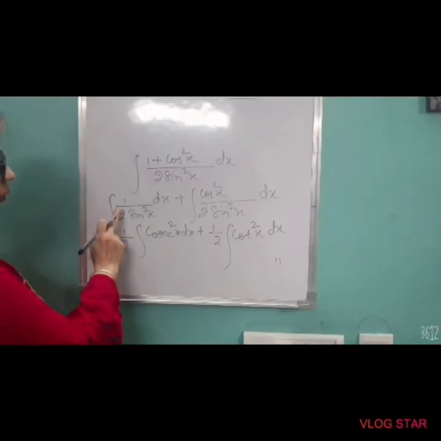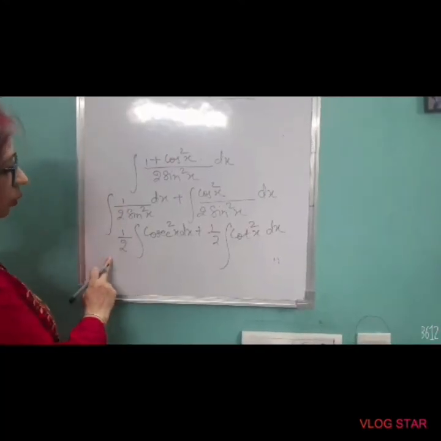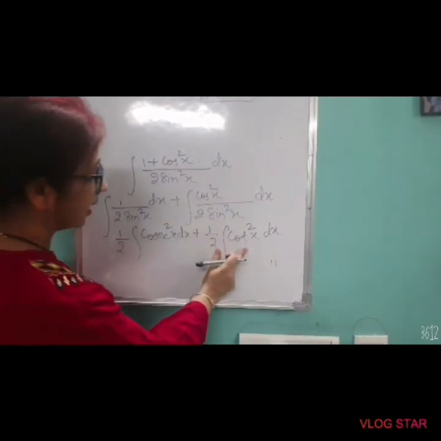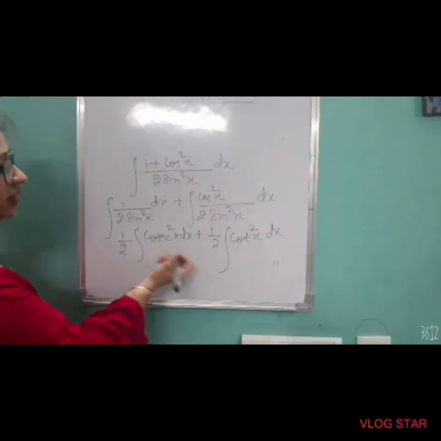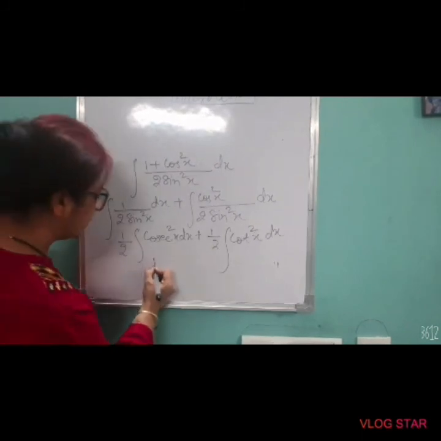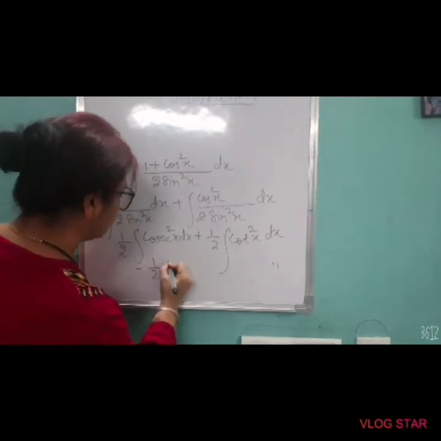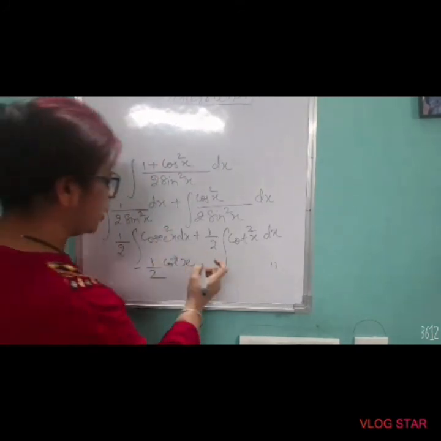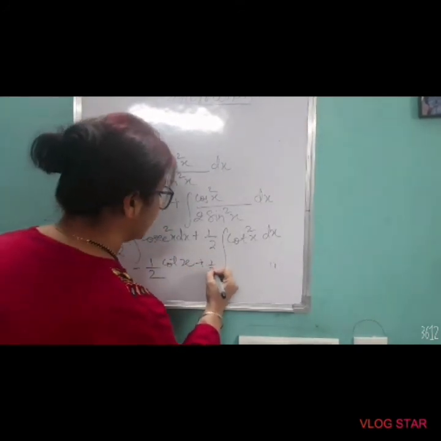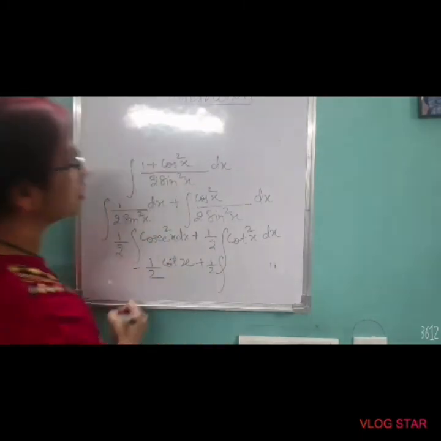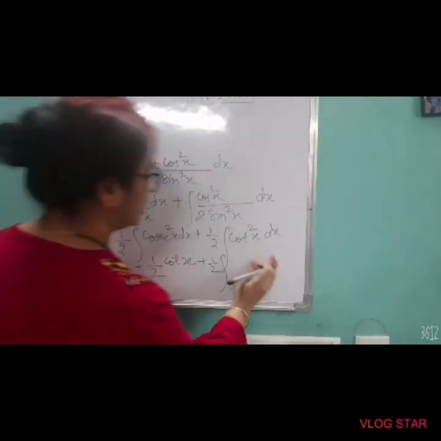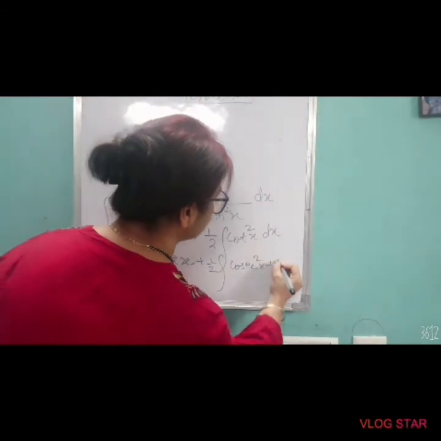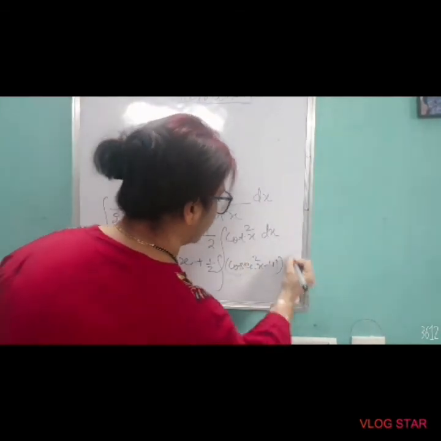Now I took 1 by 2 out. 1 by sine square becomes cosec square and cos by sine square becomes cot square x. We know the integration of cosec square x becomes minus of cot x. I am writing here minus of cot x. But cot square x has no direct integration, so I will change it into an identity, that is equal to cosec square x minus 1 into dx.